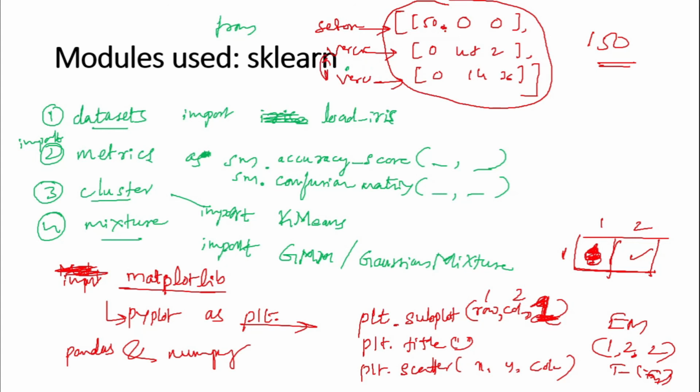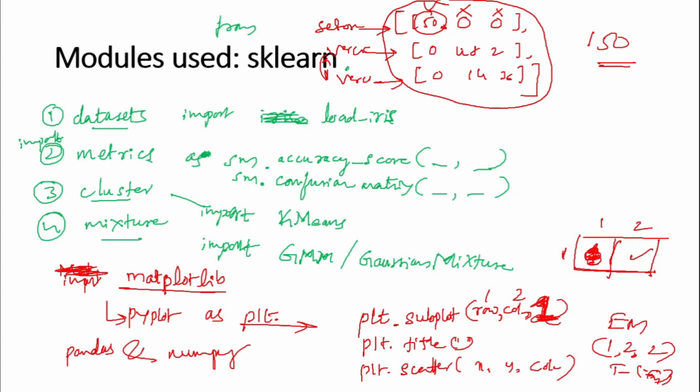There are 50 setosa, correct? All three categories of flowers are distributed as 50, 50, 50. Out of 50 setosa, 50 flowers are classified correctly as Iris setosa, which means none are wrongly classified as Iris versicolor or Iris virginica.